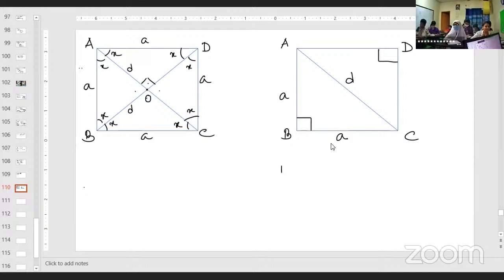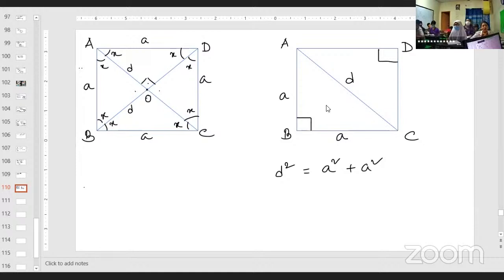What can I write? D square is equal to A square plus B square, as it is a right isosceles triangle, since the sides are equal, then the hypotenuse, right?